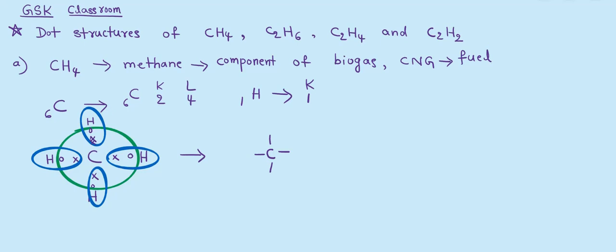One line refers to one covalent bond, and one covalent bond means a pair of electrons. There are 2 electrons present here. So this is also the structure of methane. You have to practice this structure. Then we will move to the next dot structure, my dear students.